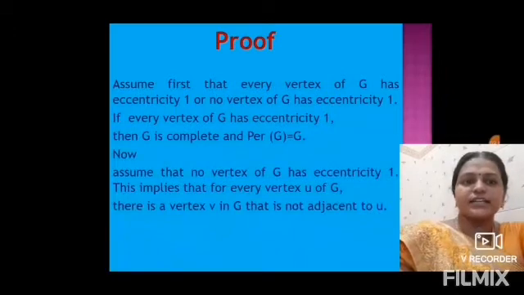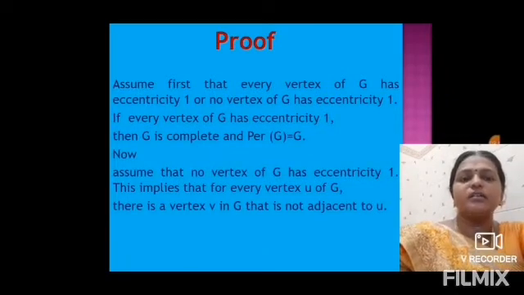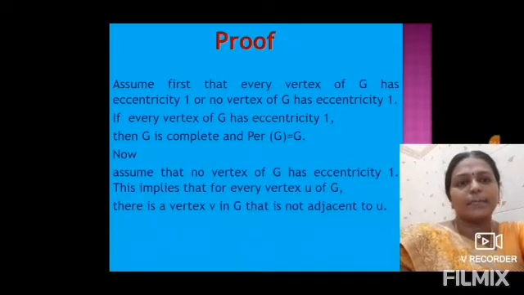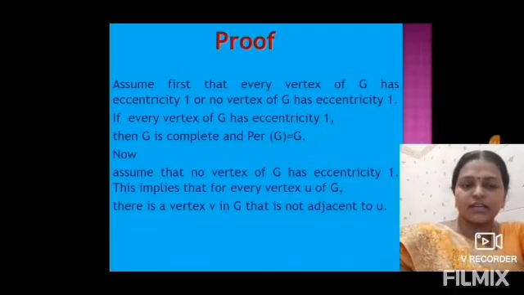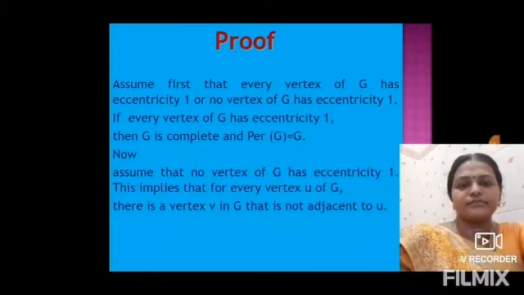Assume first that every vertex of G has eccentricity 1 or no vertex of G has eccentricity 1. If every vertex of G has eccentricity 1, then of course G is a complete graph and so the periphery of G is equal to G itself.